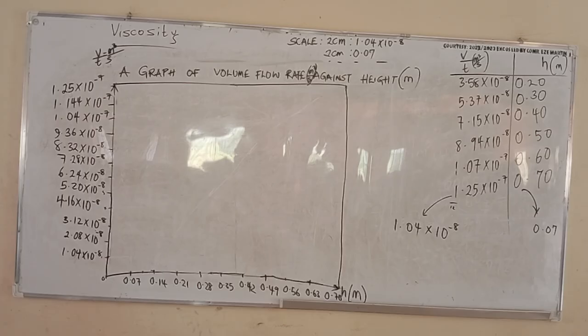14.4. Okay. 14.4 plus 1.8 is 16.2. That means, divide that 16.2 by 2. 8.1.